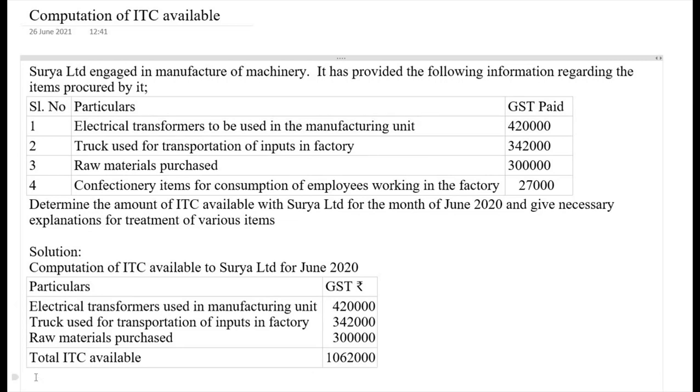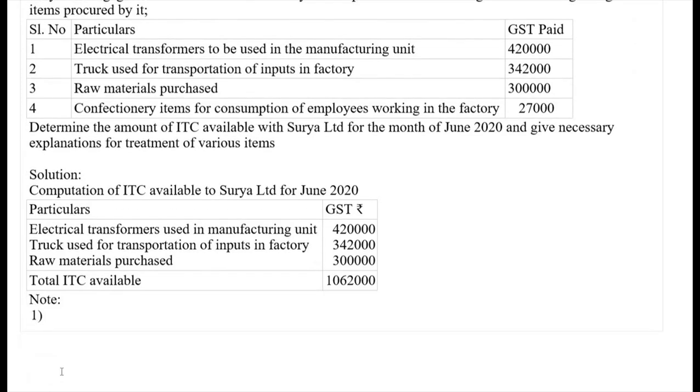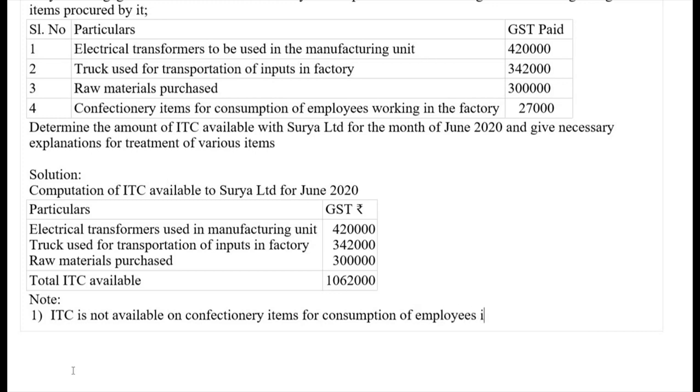Then we should write a note here: ITC is not available on confectionery items for consumption of employees working in factory. So the ITC is available for the remaining things here.